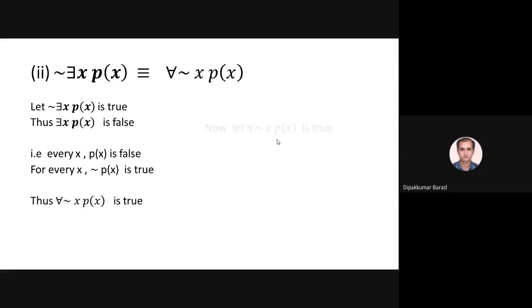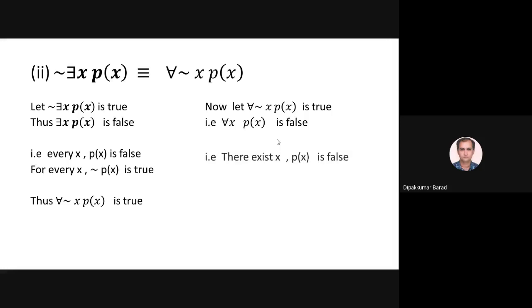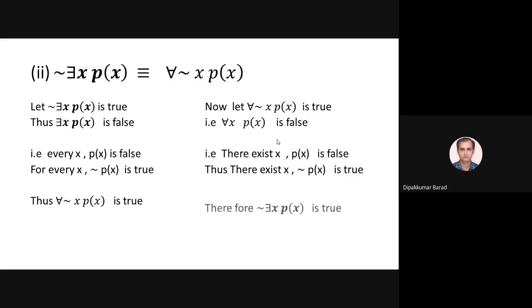Now for "not all x, P of x is true," then for all x, P of x is false, and therefore there exists x, P of x is false, and so there exists x, not P of x is true. So not there exists x, P of x is false.